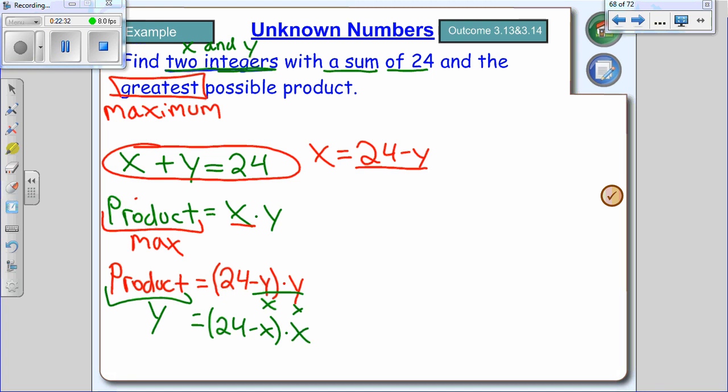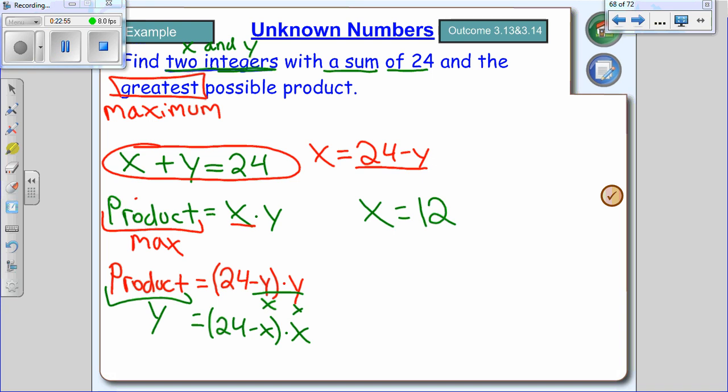If you graph it, you're looking for the highest point, the maximum on the graph. You're going to end up figuring out that x equals 12 in your graph. So if you had an x value of 12, it would give you a product of 144. Is that the maximum of your graph, those of you who are graphing it?